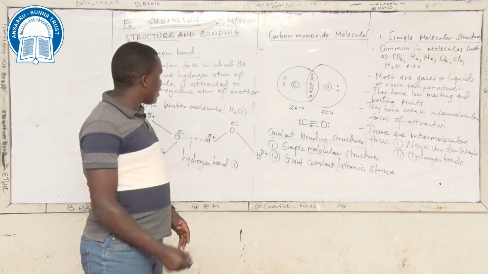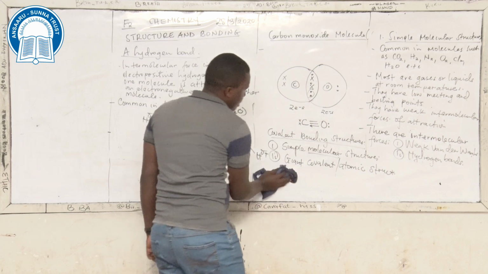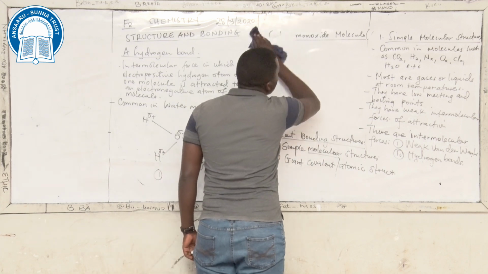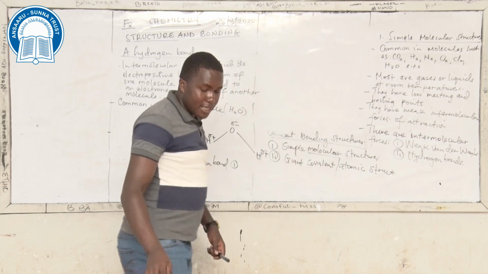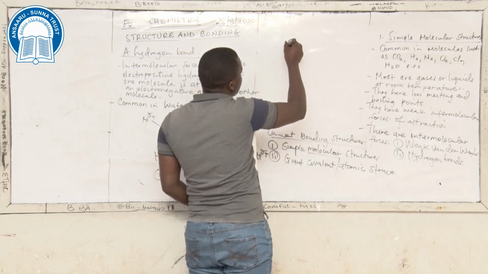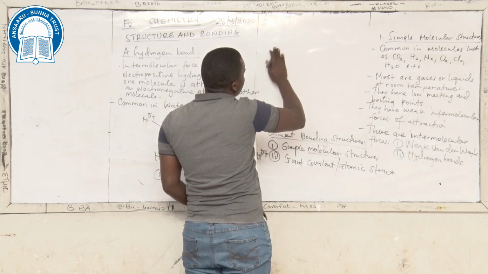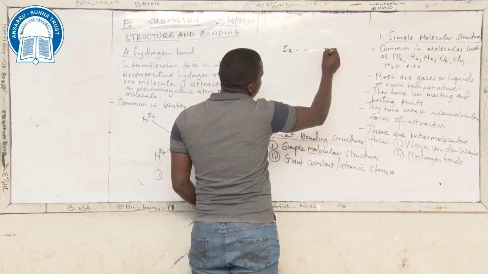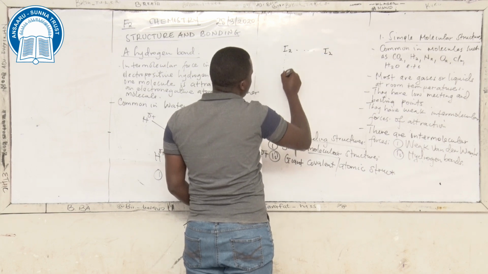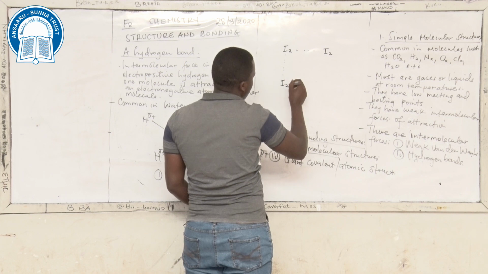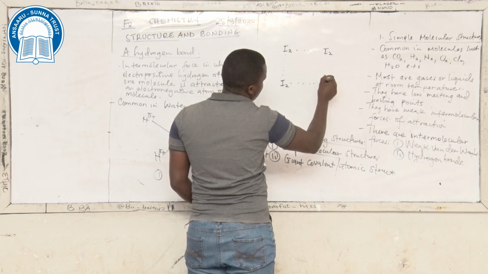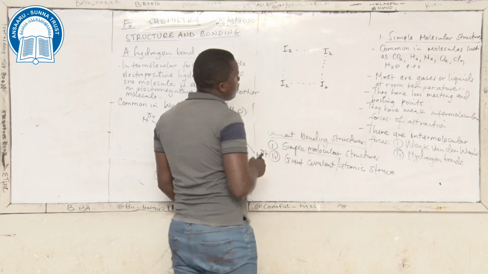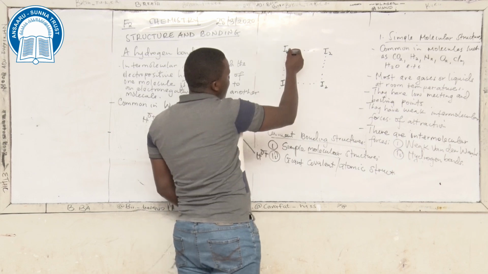This one is much stronger than the weak van der Waals, which is present in CO2 or iodine. So if you have an iodine molecule and another iodine molecule, this is one molecule, this is another one.